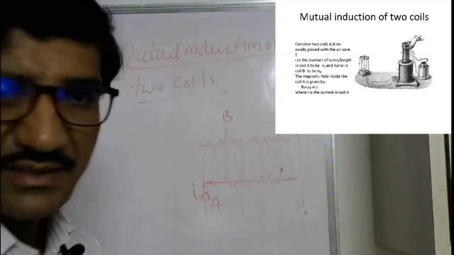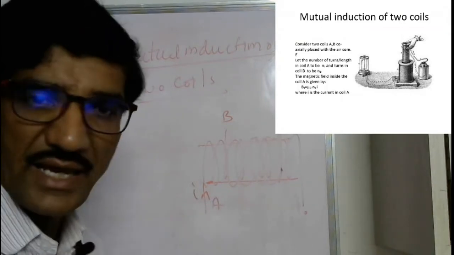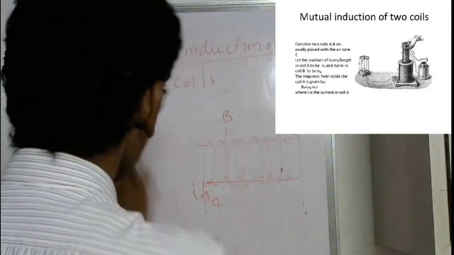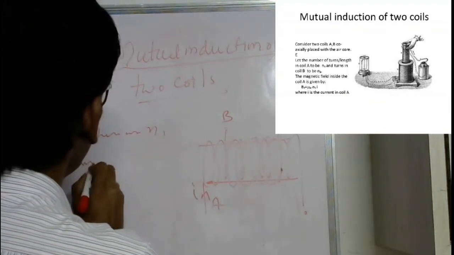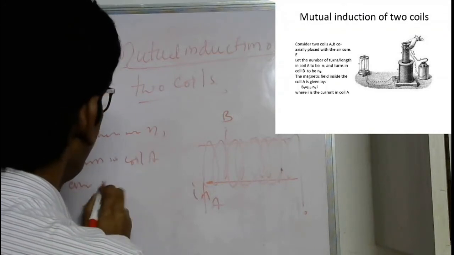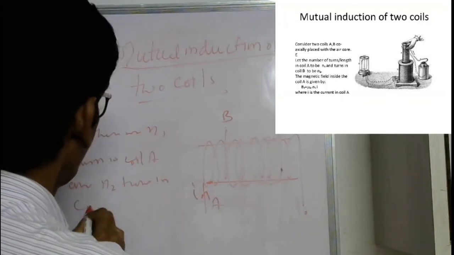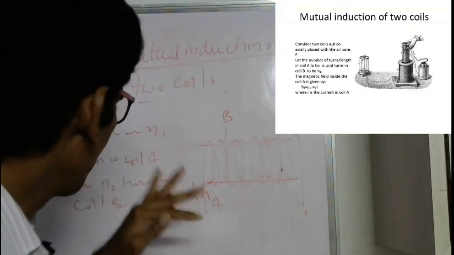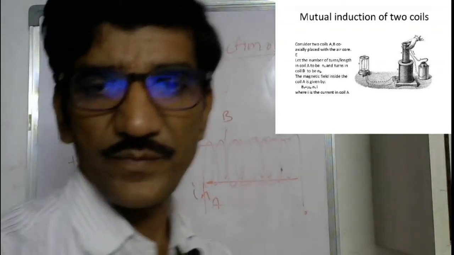Let us suppose that there are n1 turns in coil A and n2 turns in coil B.